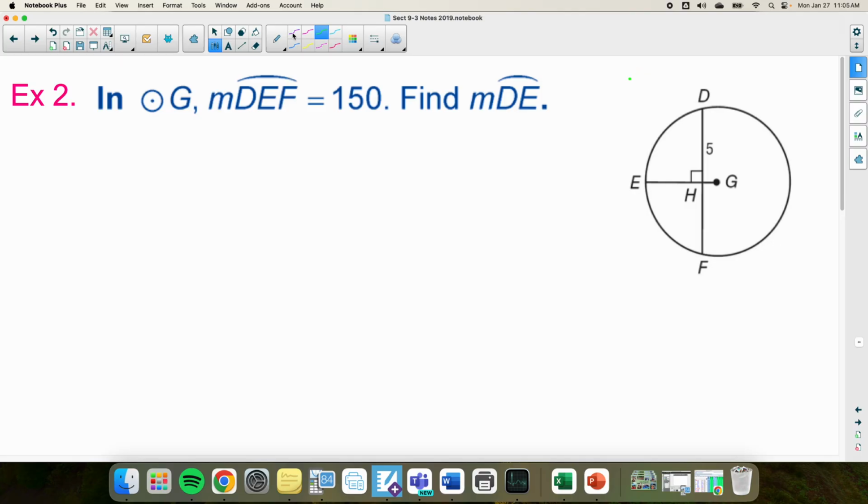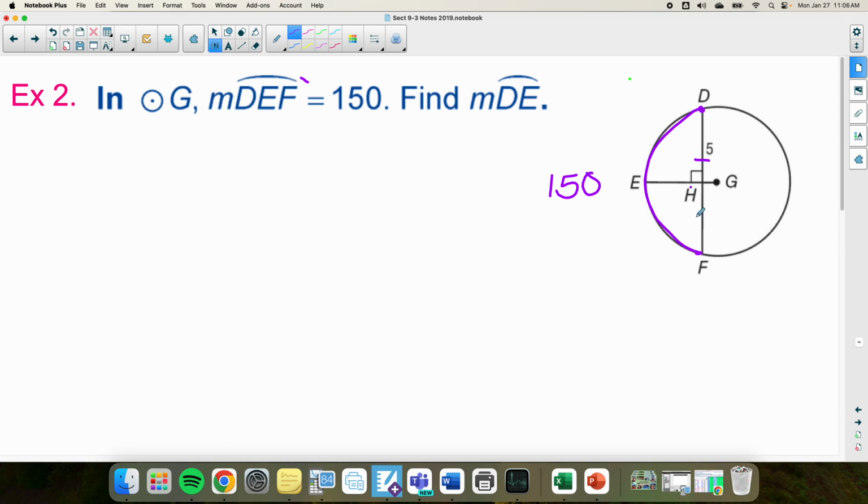This says that, remember from Friday we talked about major arcs or minor arcs could be labeled with 3 letters. So this is saying arc DEF is 150. Find DE. What do you think? Do you see how this radius is perpendicular to the chord?